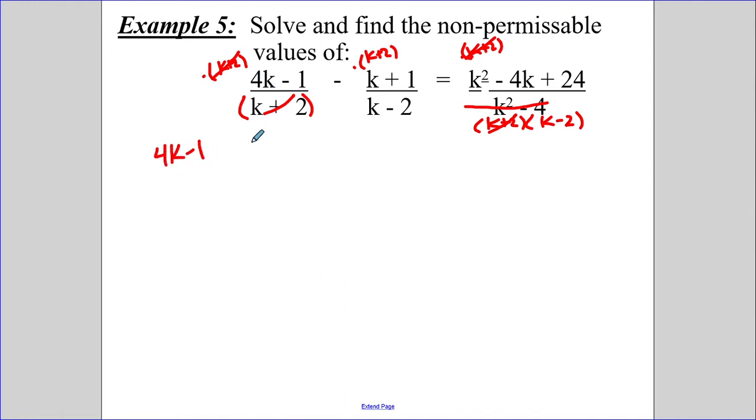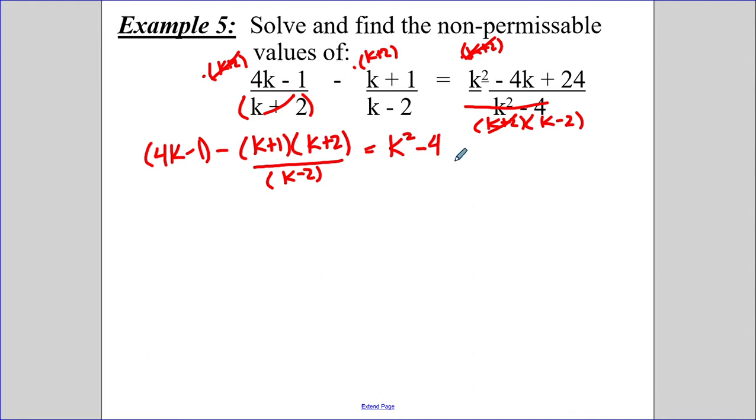That's that whole term. That's all that's left over. Minus, so I'm going to tuck this in brackets, minus k plus 1 and a k plus 2 over top of k minus 2. That's going to equal k squared minus 4k minus 24 all over k minus 2.